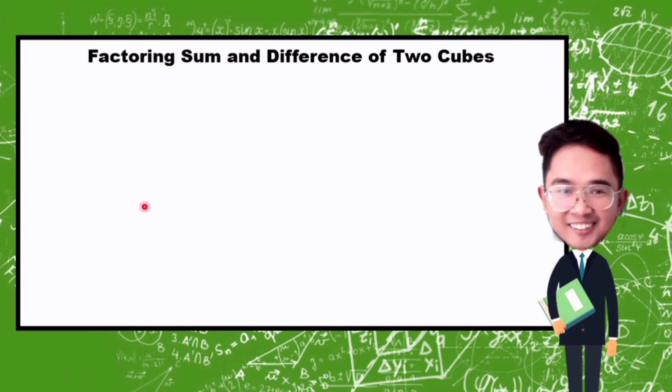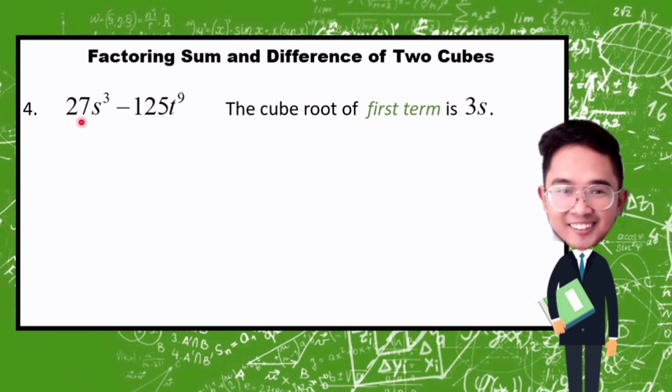Let's proceed to the last given. 27s cubed minus 125t raised to 9. What is the cube root of 27s cubed? The answer is 3s. How about the cube root of the second term, which is 125t raised to 9?